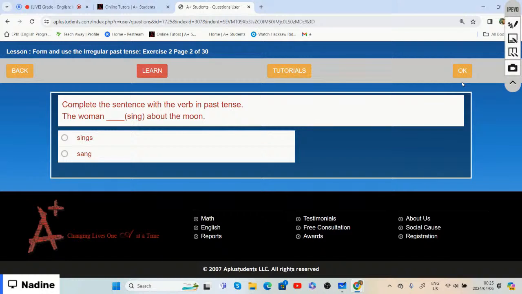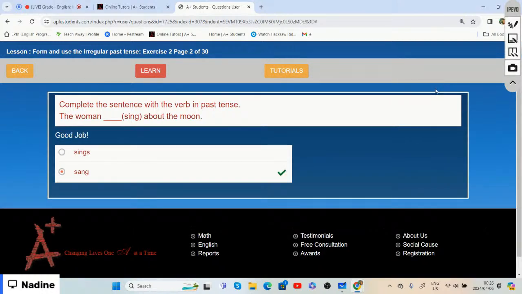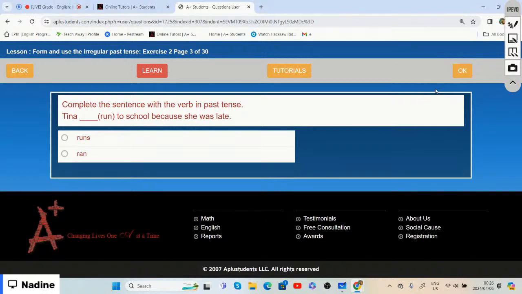And the irregular past tense form of sing. If we choose the correct one, we will say the woman sang about the moon. Yes, sang is correct.